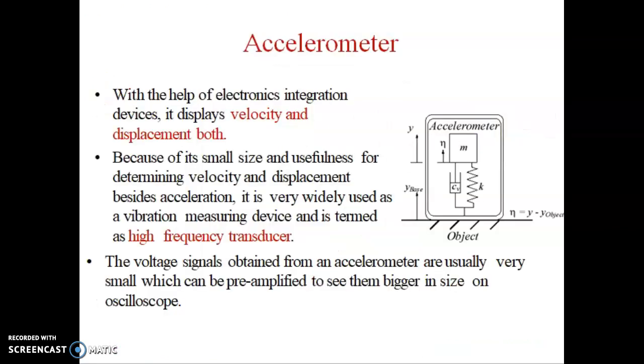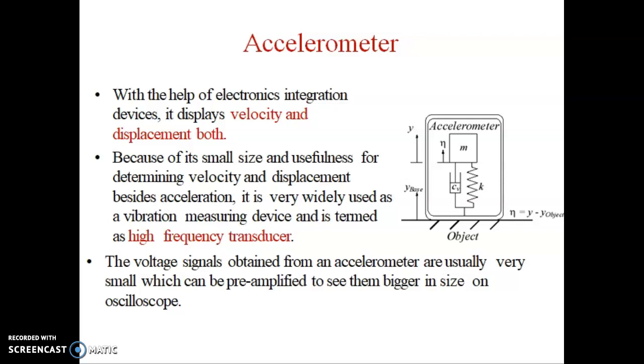The figure shows the general arrangement of a seismic type accelerometer. Since it is very light in construction, instead of hanging the mass, the mass is held like this over the damping pot and the spring. And one more feature is there.